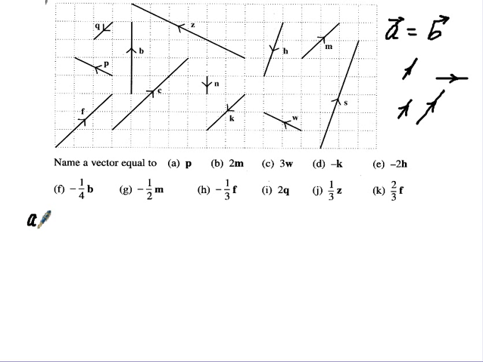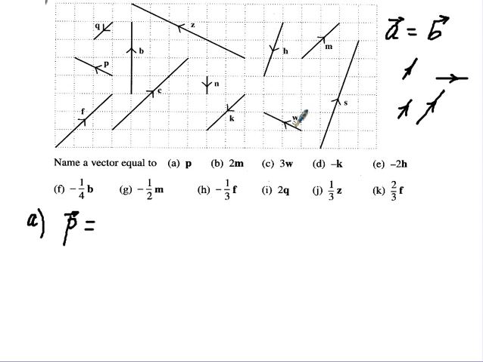So question A, we need to find a vector which would be equal to vector P. So let's find our vector P. Vector P is here. We could say vector P is 2 units to the left and 1 unit up, and we need to find a vector that would be describing the same movement.